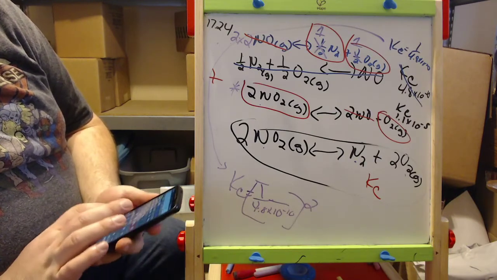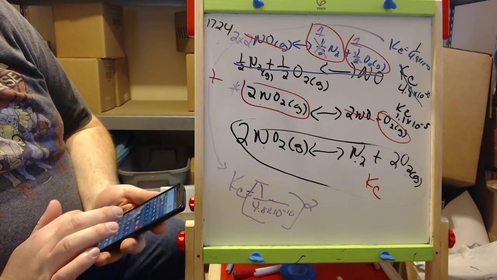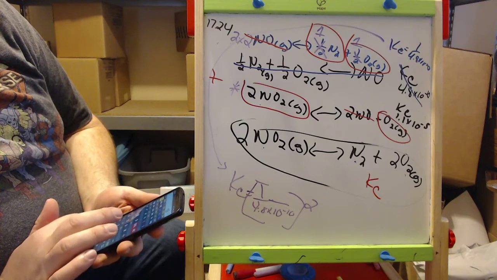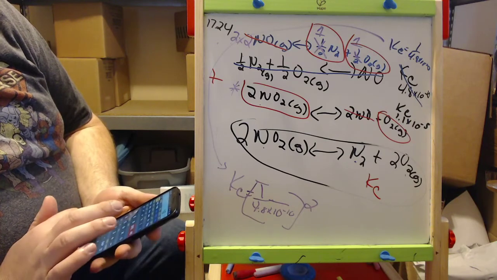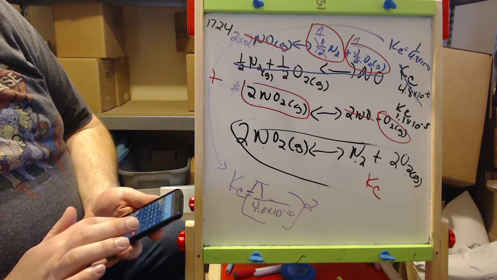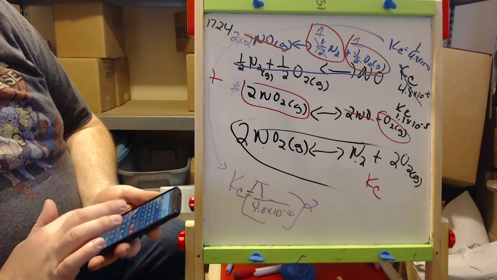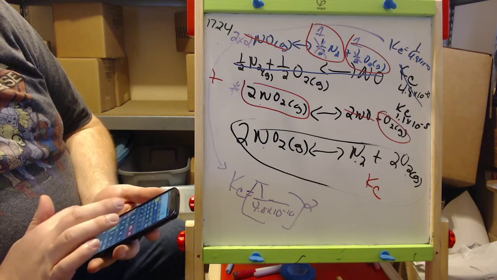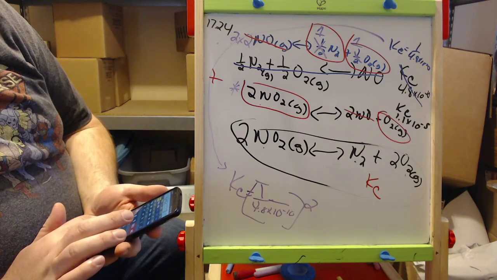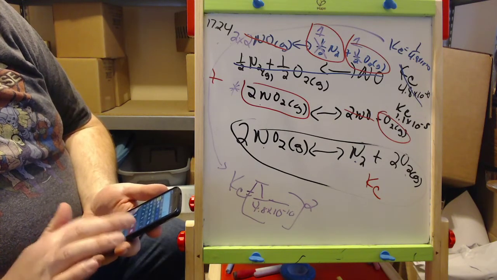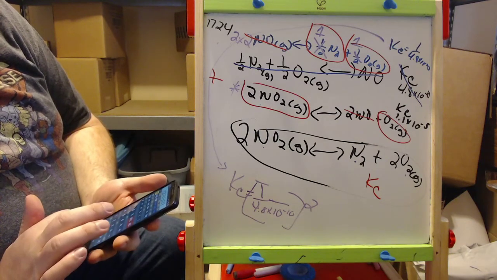So, let's see here. 4.8 exponent negative 10. I raise that to the negative 7. What's that?